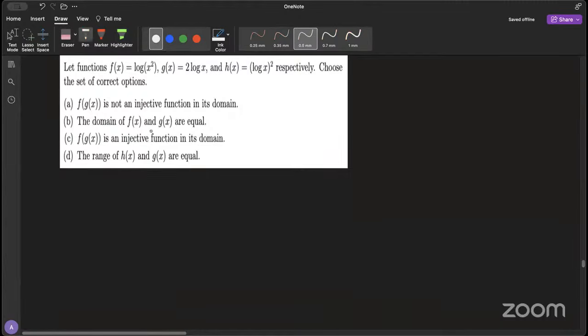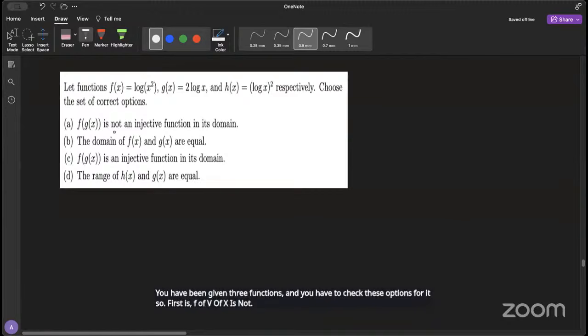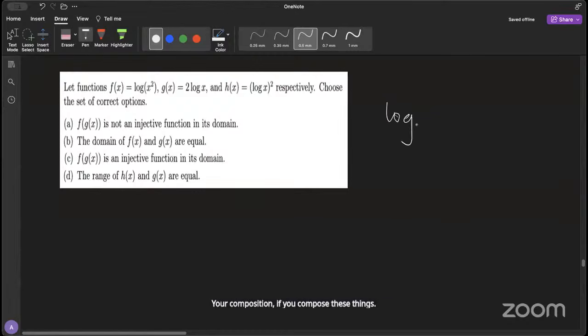We have this question. You have been given 3 functions and you have to check these options for it. So first is, f of g of x is not an injective function in its domain. Your composition becomes, if you compose these things, log of x square, and this is 2 log x squared, right?